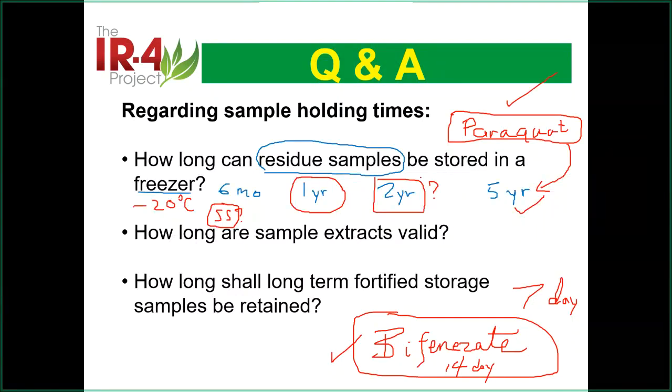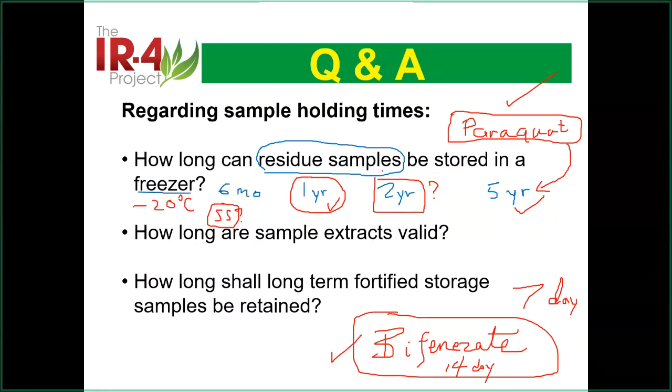So the normal case is about 1 year. That's in the IR4 lab, in my lab. Sometimes a little bit longer, but that's fine. So the correct answer is it depends on the protocol, depends on your SOP.